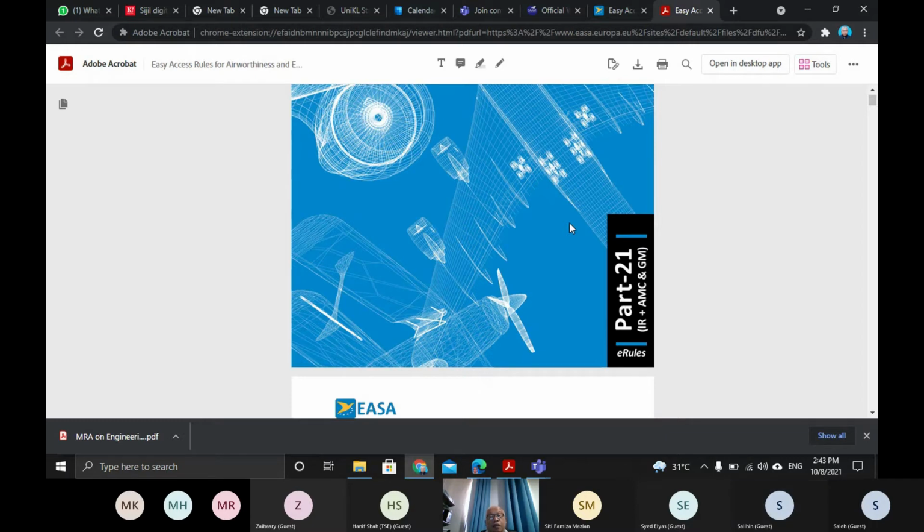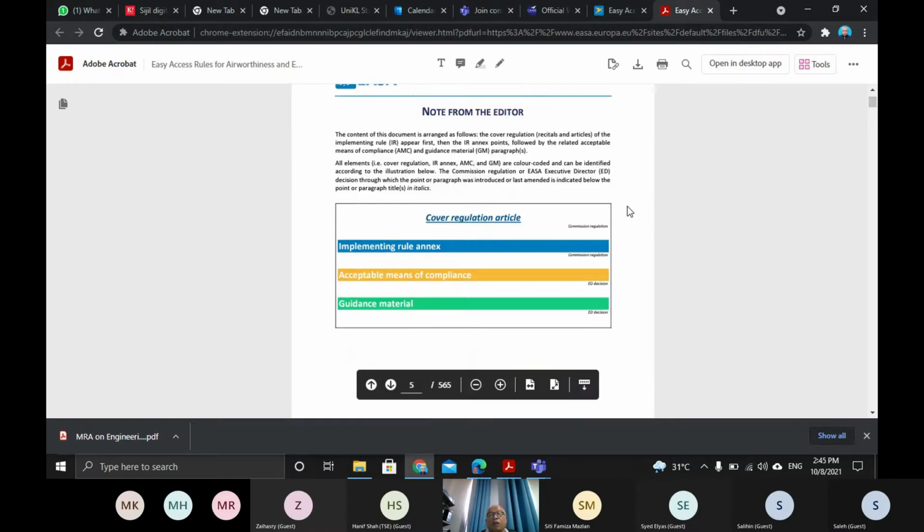Then the export COA will be reviewed by the receiving country like Malaysia, and then Malaysia will issue the certificate of airworthiness. That one is the initial airworthiness certificate. It will be renewed, but most countries in the world do not renew. The COA is non-terminating.